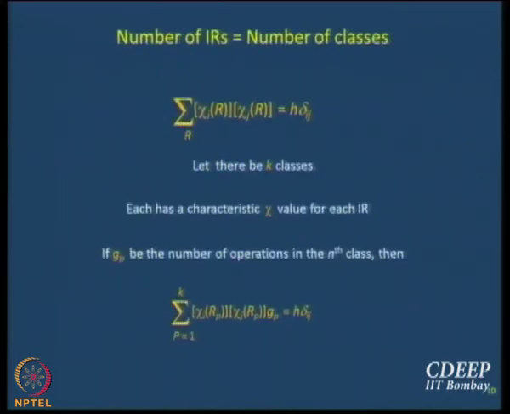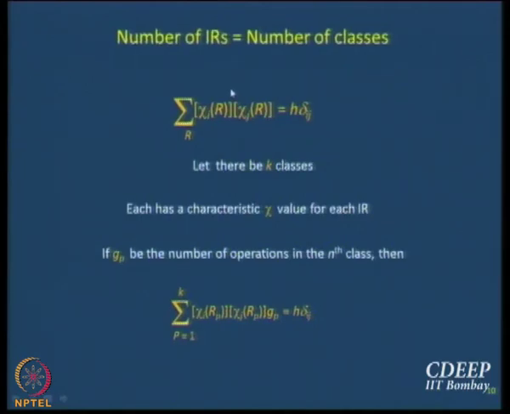Last is very useful. In fact, you see in our subsequent discussion, we will start with this. Remember the question we asked just before getting into this business of matrices and determinants and all this is, how do I know what is the total number of irreducible representations, right? And this is the answer.